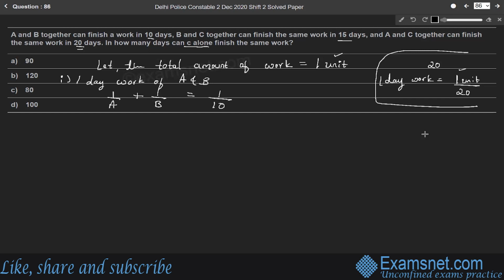That is the amount of work by number of days, right? Similarly, B and C together can finish the same work in 15 days. So 1 day work of B and C becomes 1 by B plus 1 by C equals 1 by 15, right?